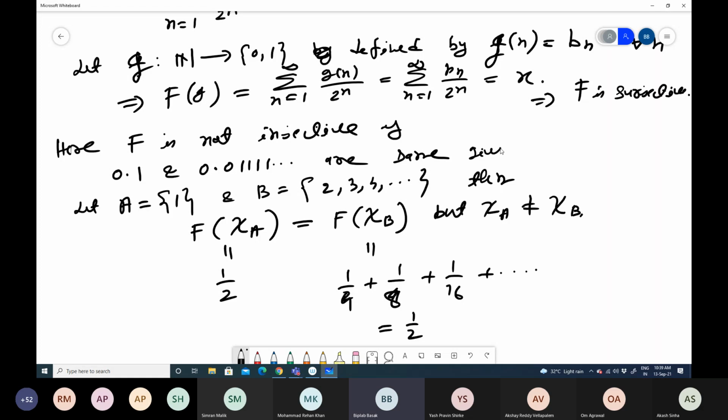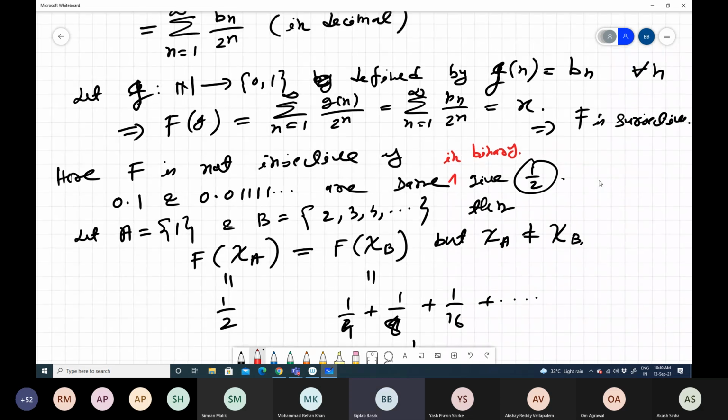They are the same, we'd better say that in binary. So therefore we get a surjective function but not an injective function. Okay.